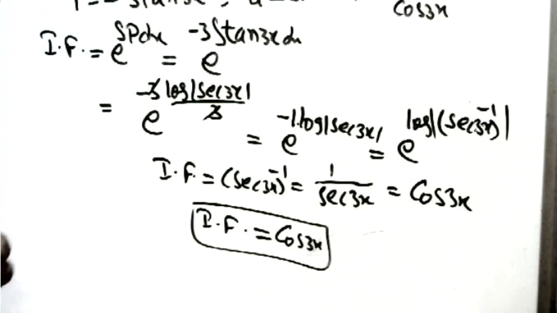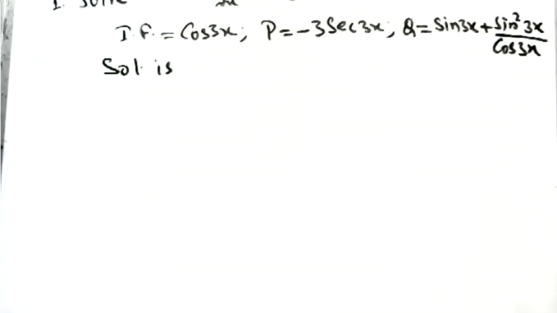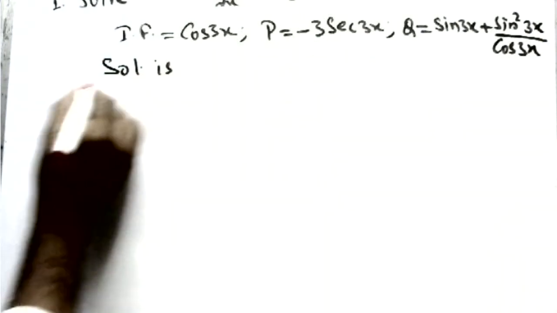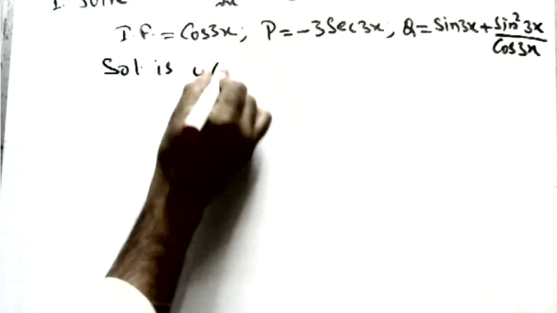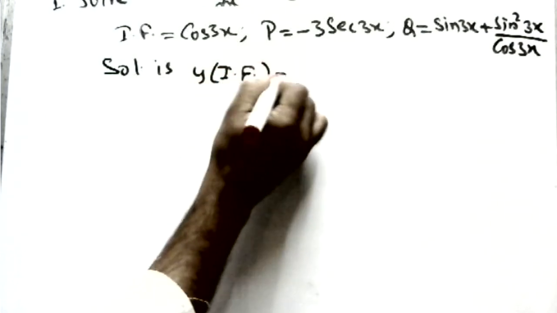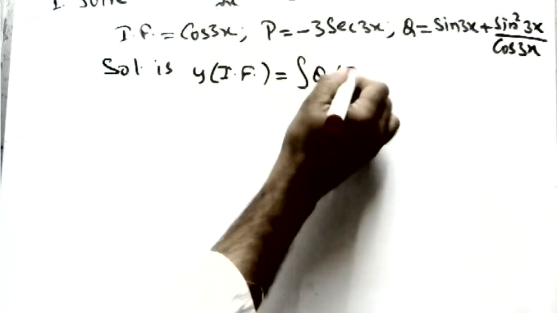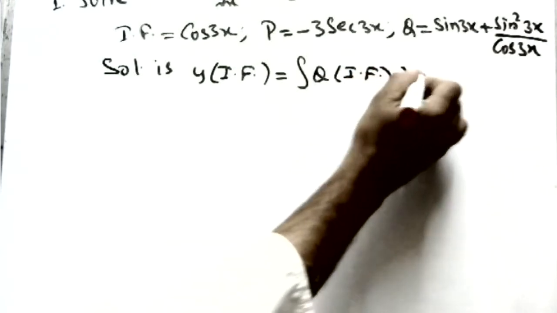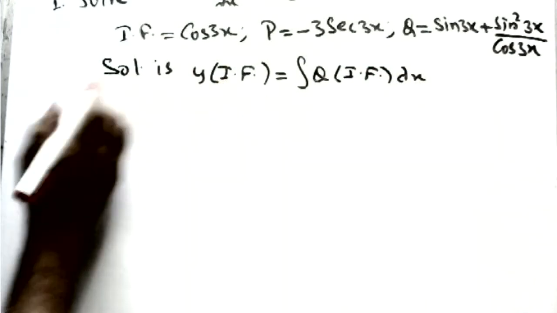Now let's write the next step. What is the next step? Solution for it. Now see here, we have got the integral factor. We already have the values of p and q. So what is the solution? The formula for the solution is y into integral factor equals integration of q into integral factor dx.